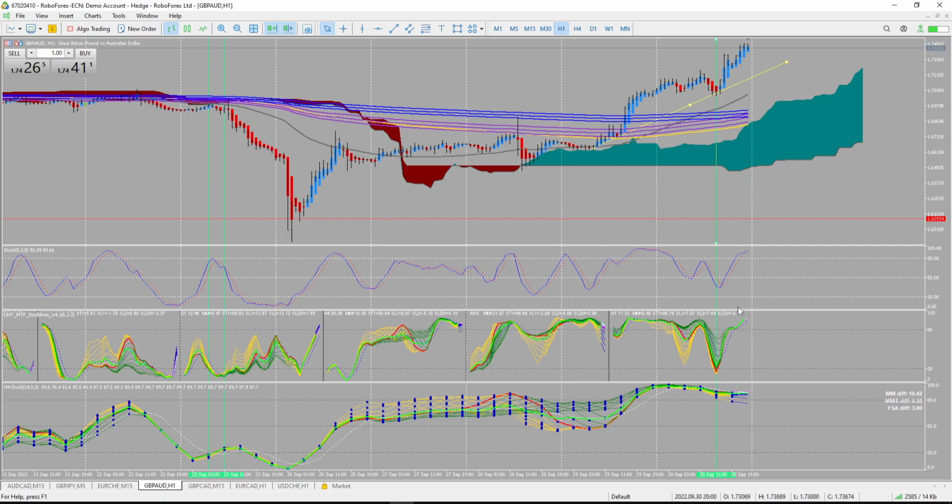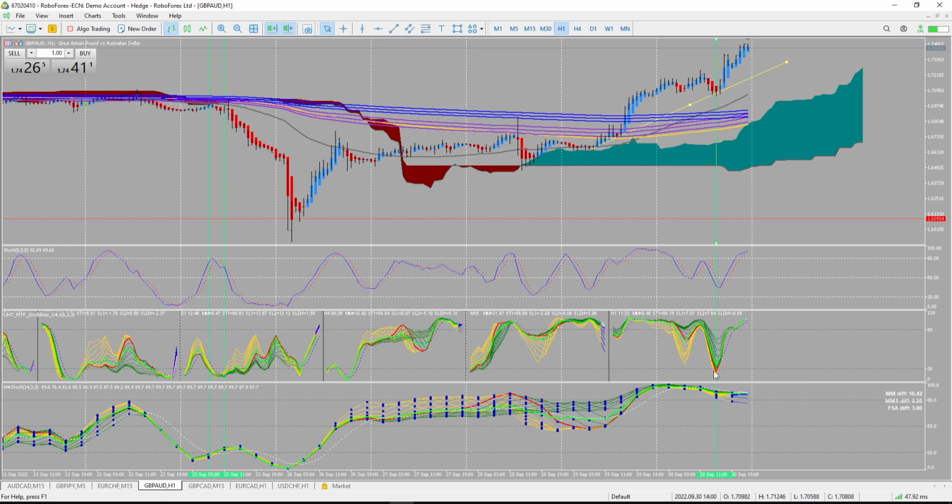So it's still very long, and H1, as I showed you here, this is H1. This indicator always moves the time frame you're looking at to the front, so it doesn't confuse us. So H4 is overbought.